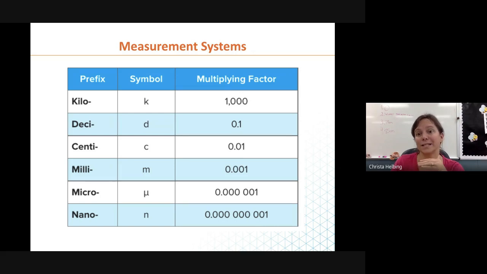Kilo is used for distances, like going from one house to another, from place to place. Depending on what we're measuring would depend on what prefix we would use. And those prefixes can go with any base unit. It could go with gram, meter, or liter.